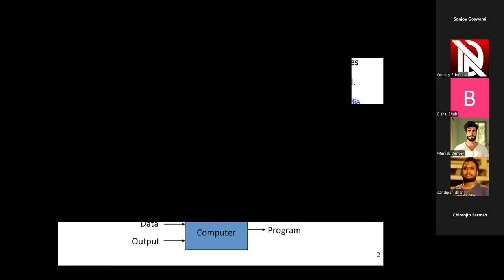In earlier cases, there are many aspects where we used deterministic algorithms, where we would give the data to the model or algorithm and write the whole algorithm ourselves, and based on that the whole algorithm would give us the desired output.